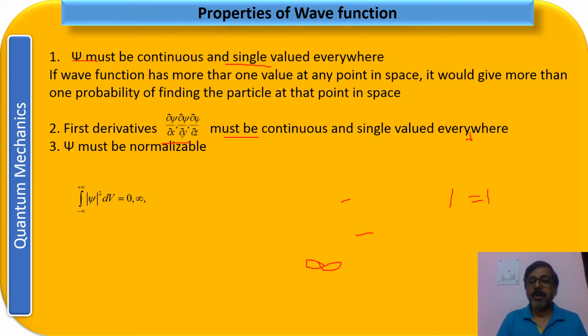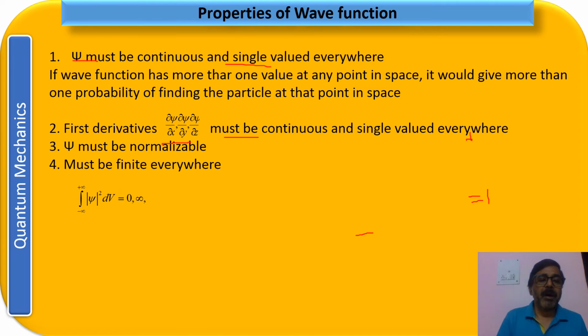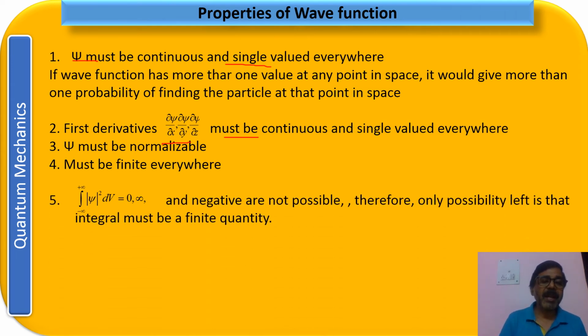All right, then let us come to the next one. Psi must be finite everywhere. At any point, naturally it should not be infinite. And the next one: mod of psi whole square dV cannot be equal to 0, it cannot be infinity, and it cannot be negative, right?